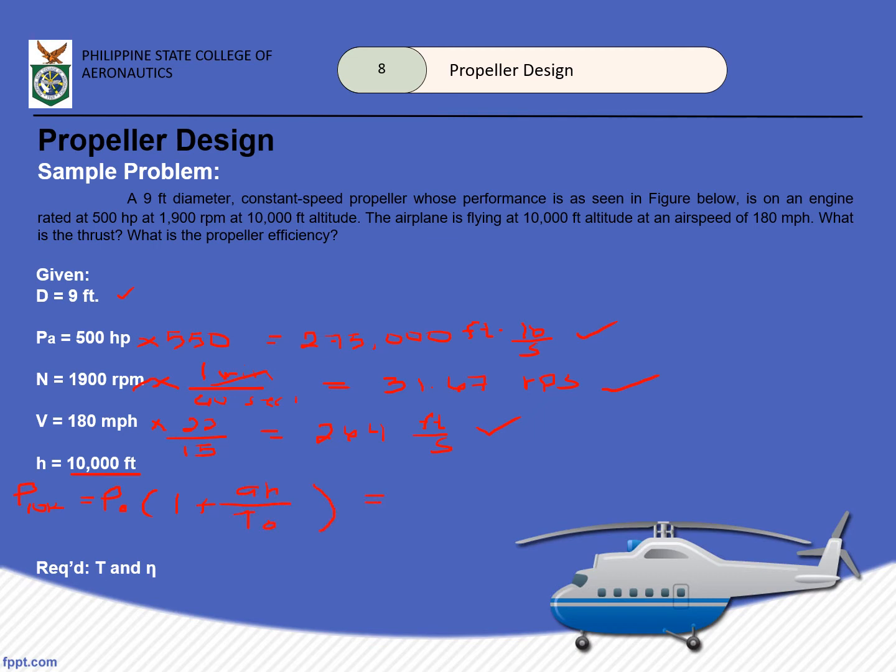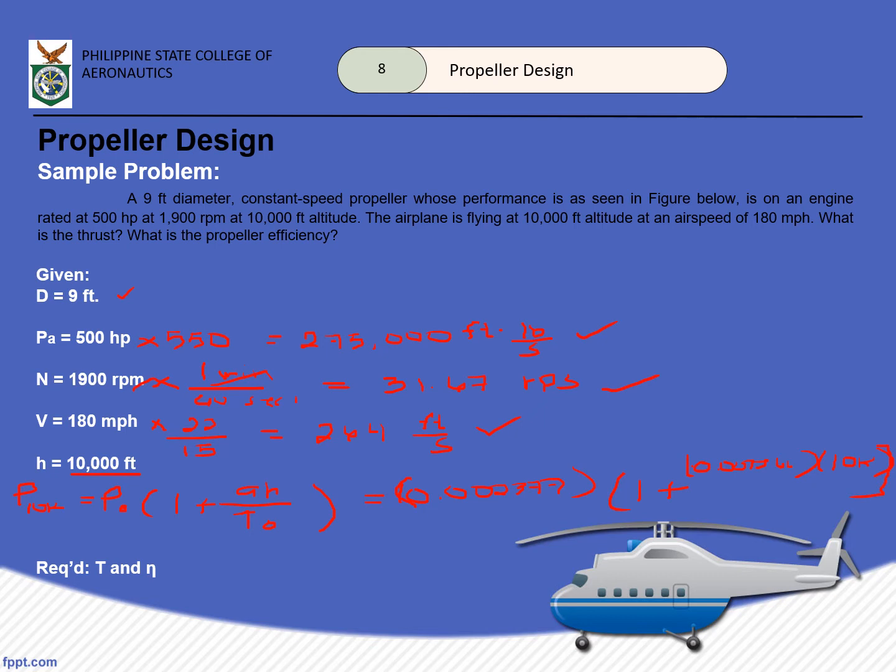Substituting our values, we have sea level conditions. 0.002377, which is our density sub O, times 1 plus A in English units, which is negative 0.003566. I expect you have memorized that. Multiplied by our 10K altitude.